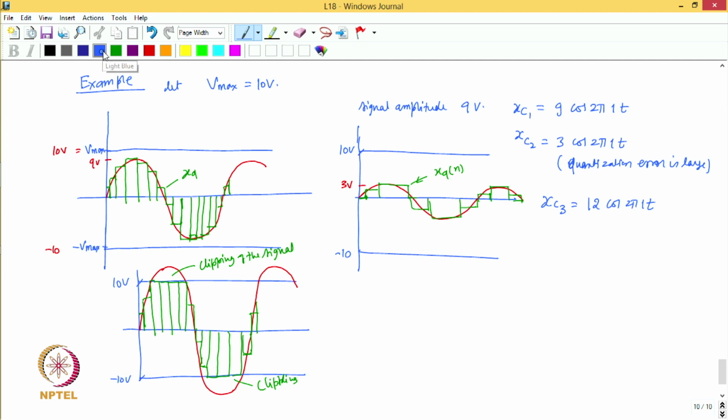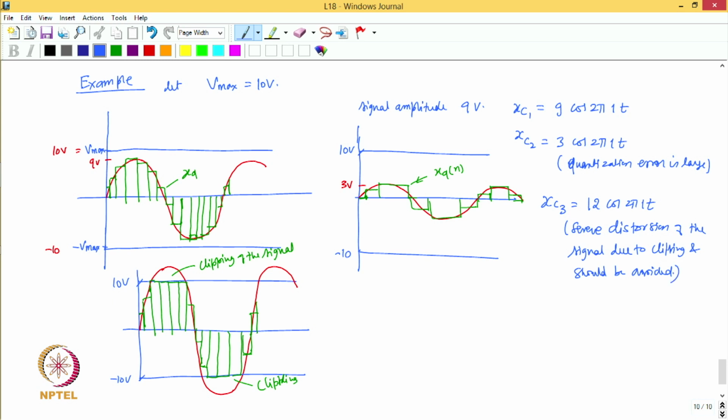So this basically leads to severe distortion of the signal due to clipping and should be avoided. So such a measurement should be rejected because it does not form a proper measurement. Okay, such a situation is to be avoided.